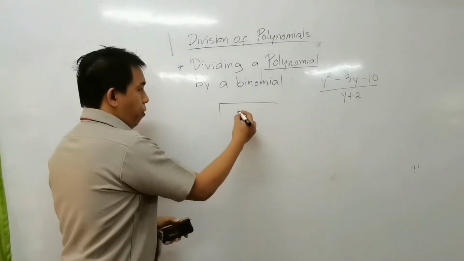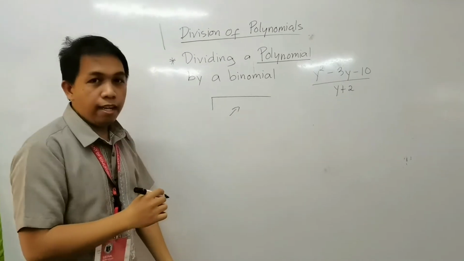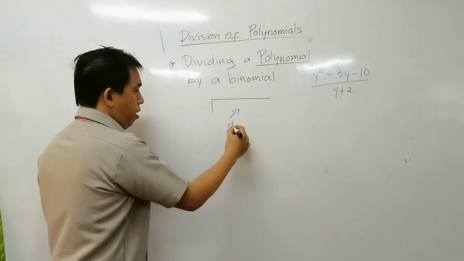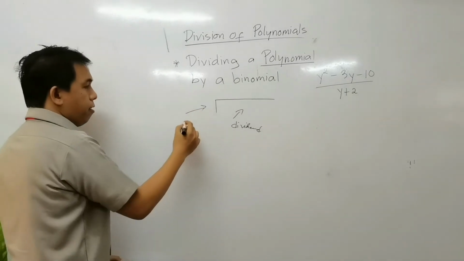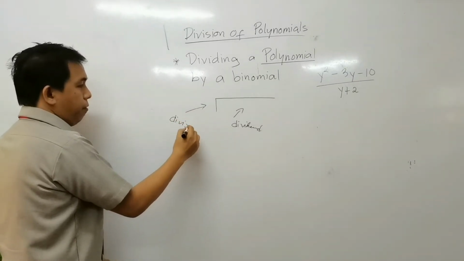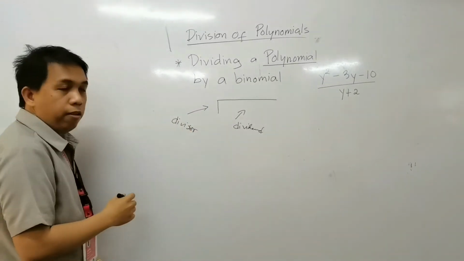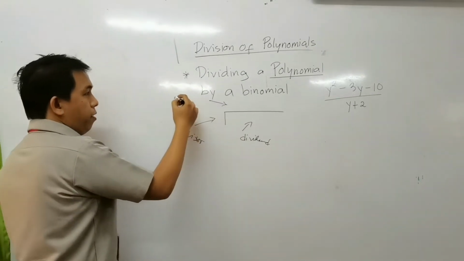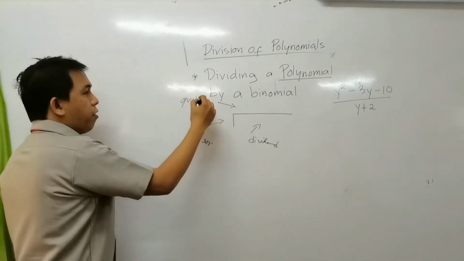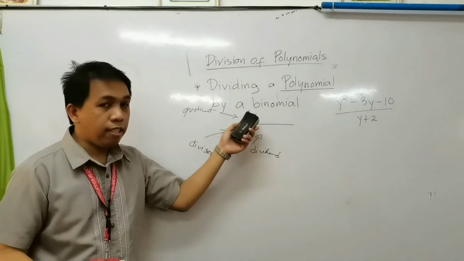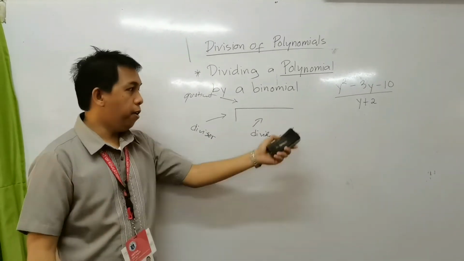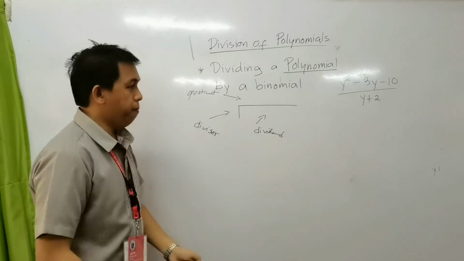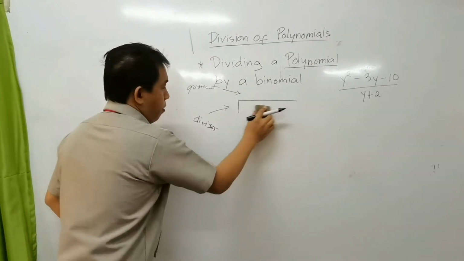What you're going to write here is the dividend, and here you will write the divisor. And of course, on the top, you will write the quotient. The quotient here is the answer of this problem.